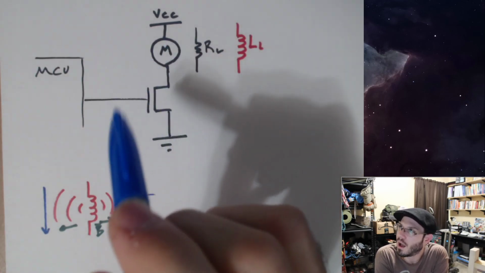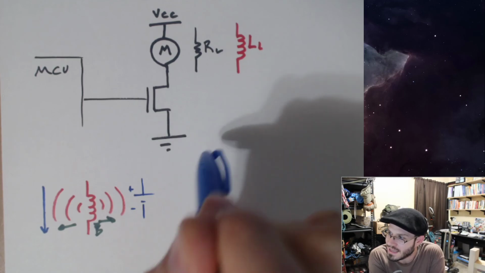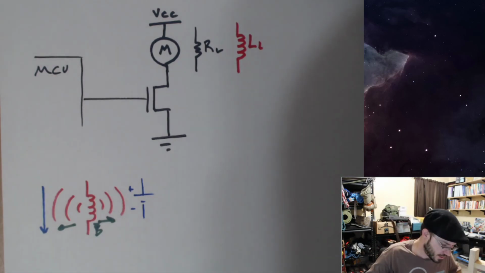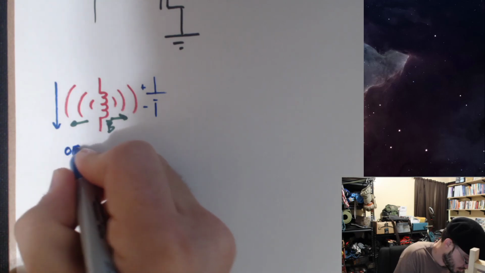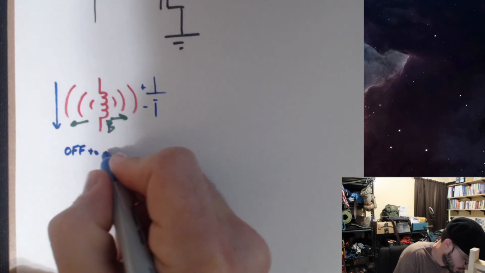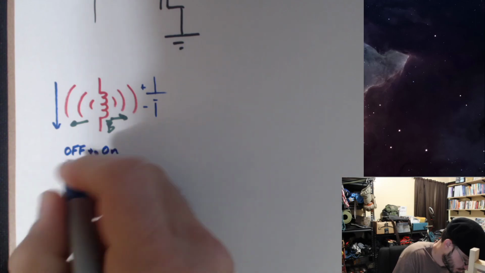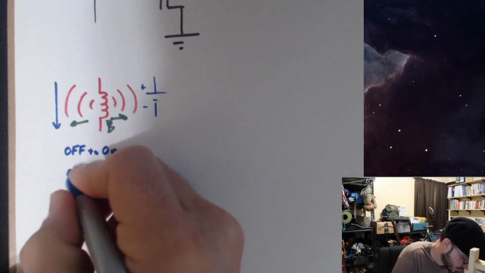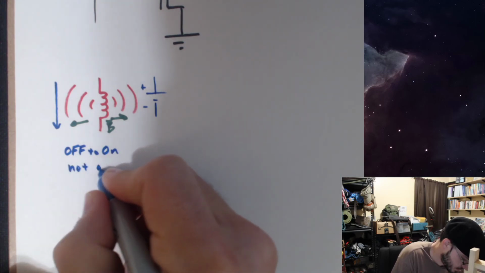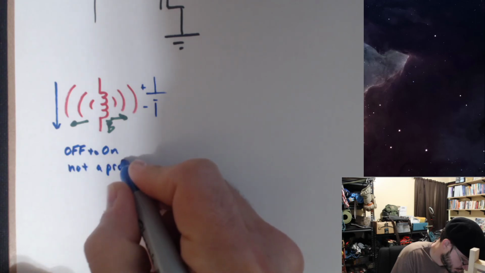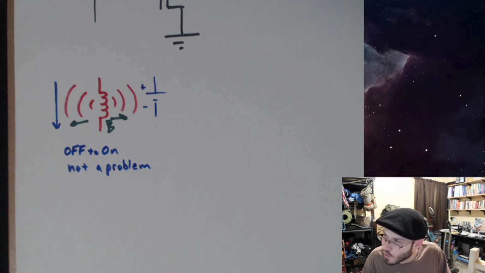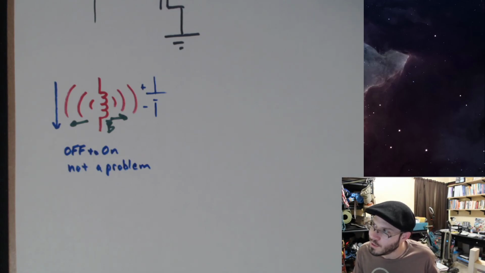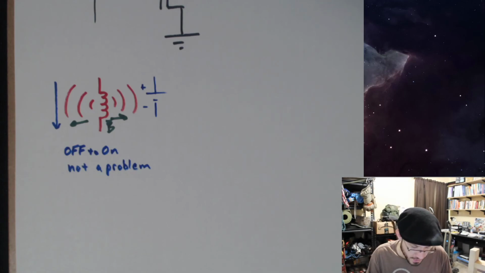Going from off to on is not a problem. However, when you go from on to off, you're going to get a collapsing magnetic field.